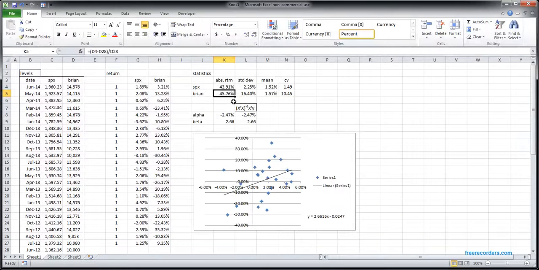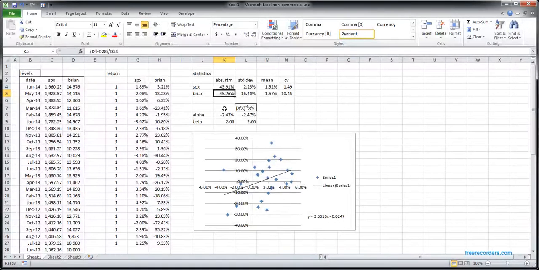And then we generated some statistics about the absolute return, the standard deviation, etc. And we learned that the alpha, or the risk-adjusted return, was actually negative. Even though our absolute return was higher than the market, the added volatility made it a less desirable investment than the S&P 500. So no good, right?